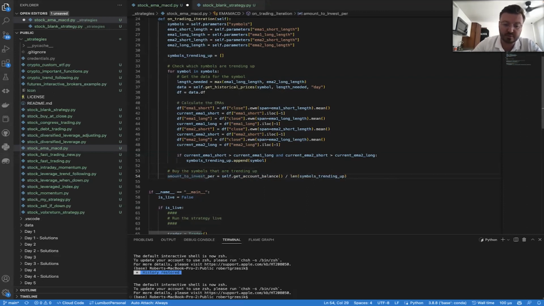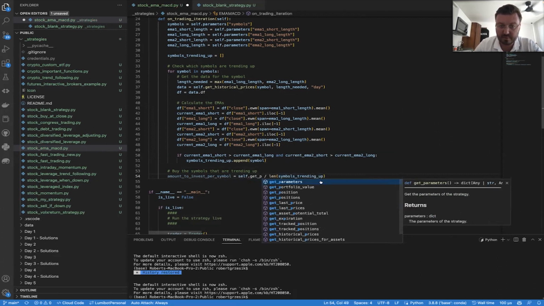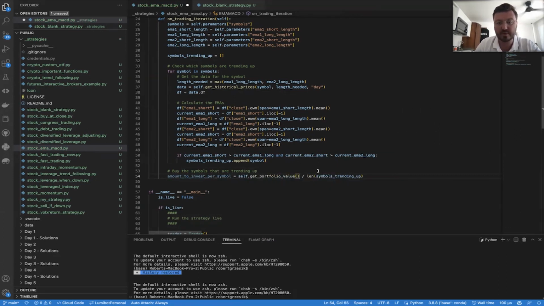We're going to go self dot get portfolio value. This will give me the value of my entire everything I have. And then divide it by however many symbols are trending up. So that's the amount that we're going to invest per symbol.